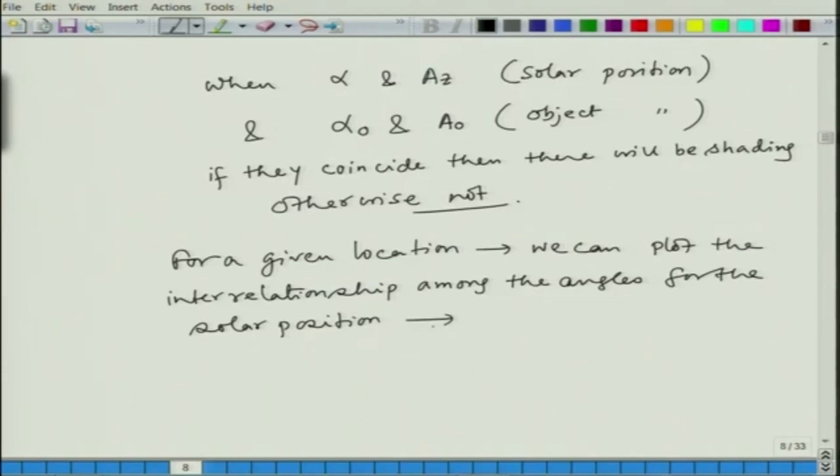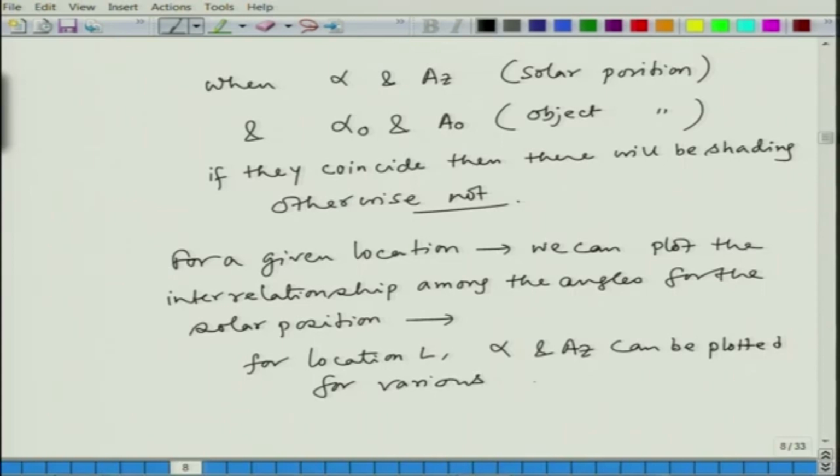What we mean by that? For location L, alpha and Az can be plotted for various delta and omega, right.